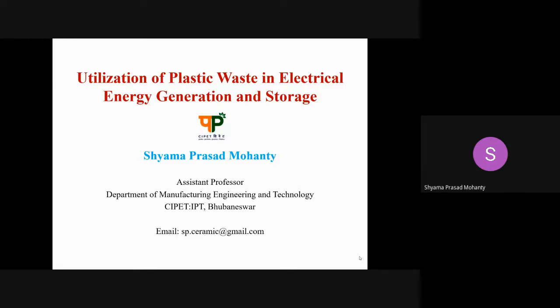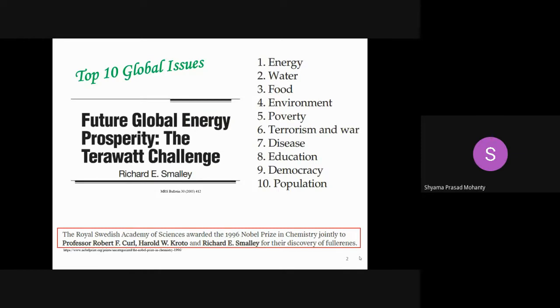Before I begin, let us put some light on the top 10 global issues highlighted by Professor Richard Smalley of Rice University, who jointly with Professor Robert Curl of Rice University and Professor Kroto of University of Sussex was awarded the Nobel Prize in 1996 for the discovery of fullerenes.